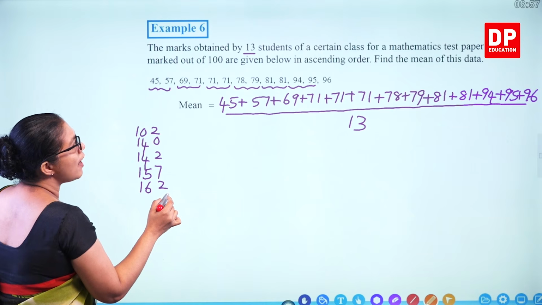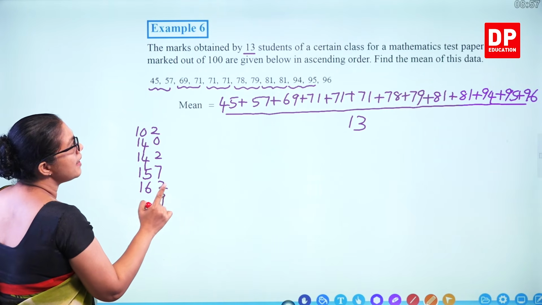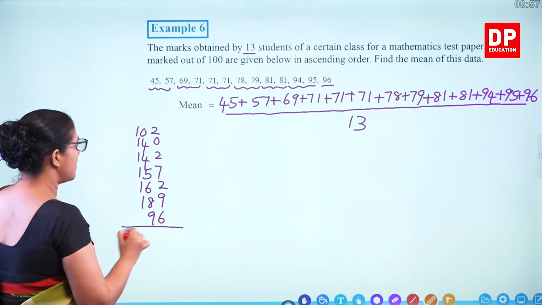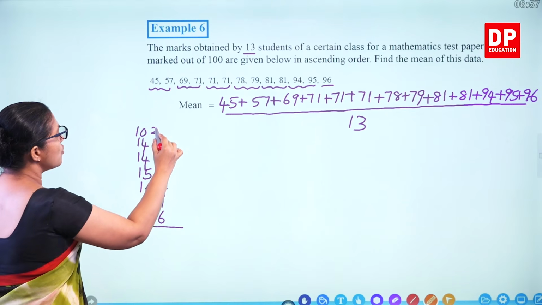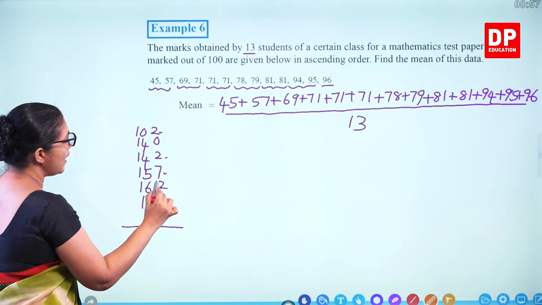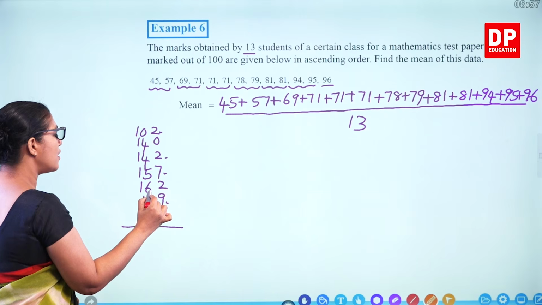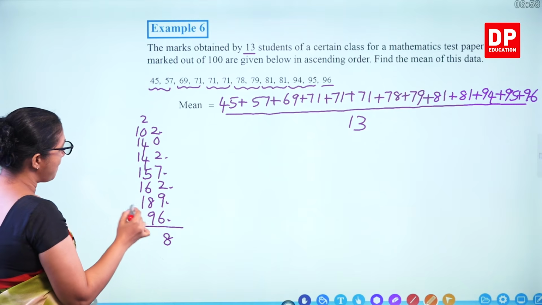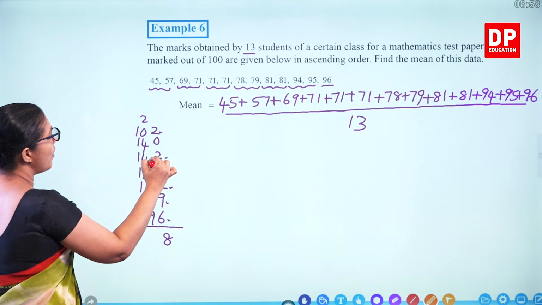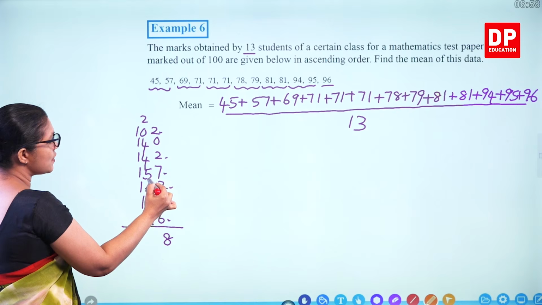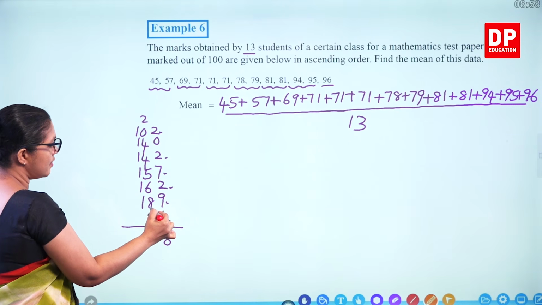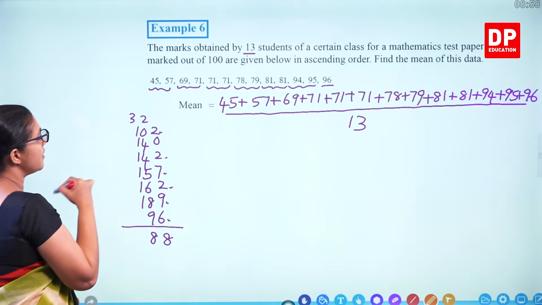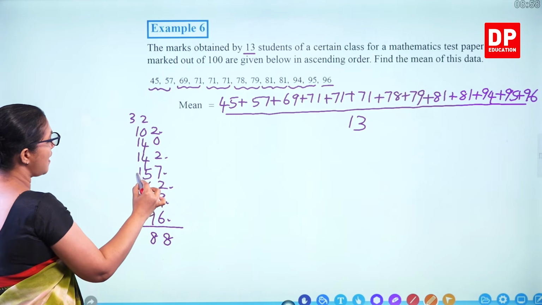These two, 5 plus 4, 9. 9 and 9, 18. And 96. Now we'll add these. 2 and 2, 4. 7 plus 4, 11. 11 plus 9, 20. 26, 28. 2 remaining. 4 and 4, 8. 8 plus 2, 10. 10 plus 5, 15. 21. 21 plus 9, 30. 30 plus 8, 38. 3 remaining.